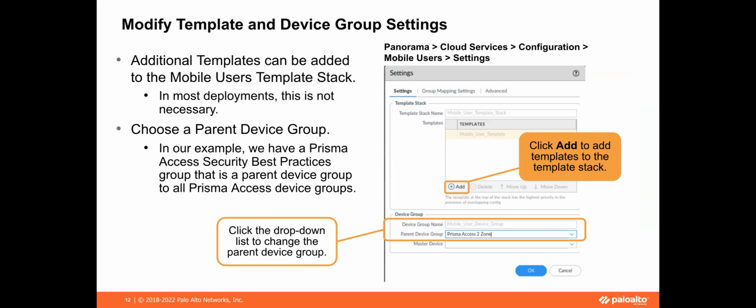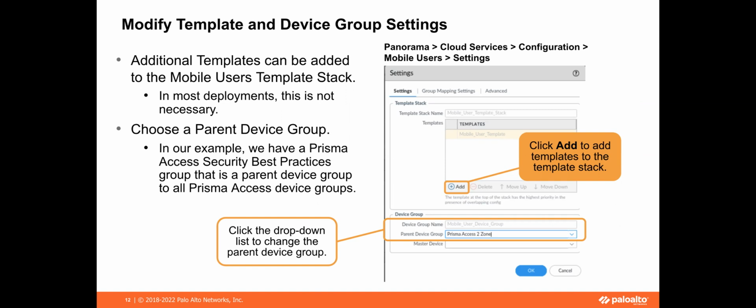This one template may be sufficient. If it is not, and you want to leverage the template stack functionality, you can use the template section and add other templates and contain additional templates into your stack. You can add more than one existing template to the stack and then order them appropriately using move up and move down buttons. The order is important here because Panorama evaluates the template in the stack from top to bottom.